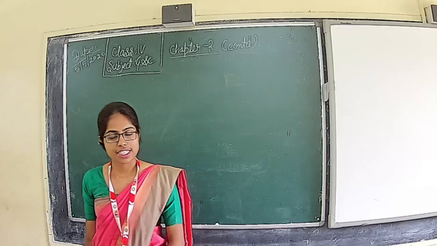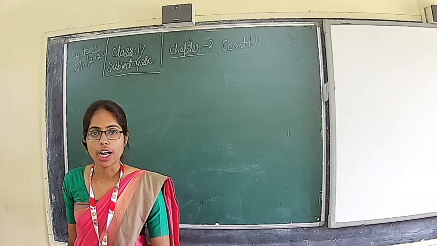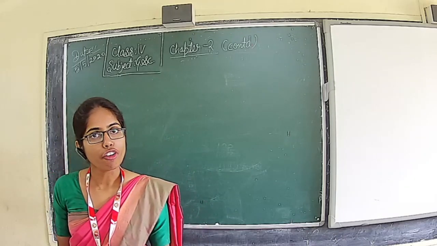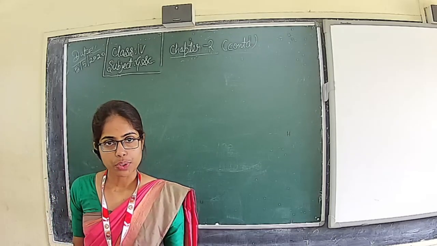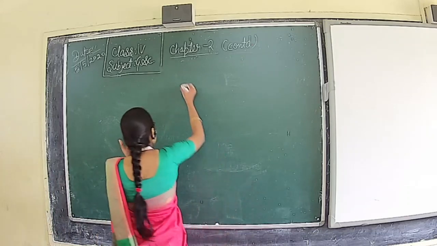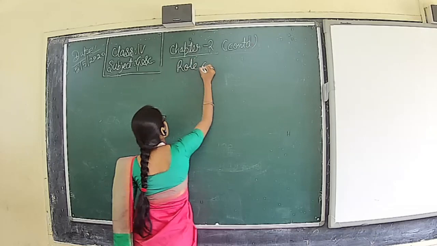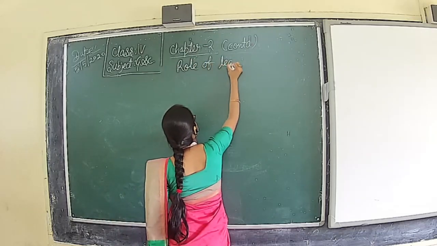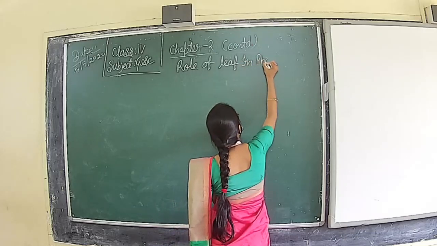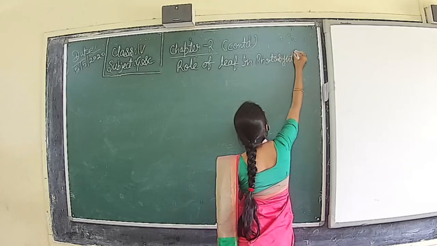Yesterday we discussed chapter 2, which was about plants making food. Today we will continue with the same chapter, but the topic is role of leaf in photosynthesis.